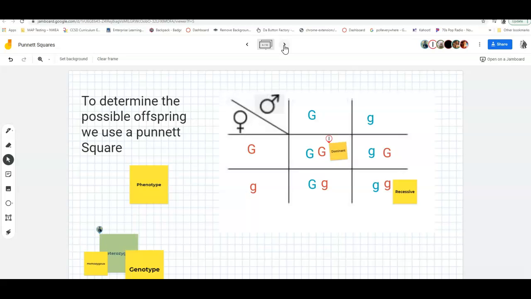Now you have pairs of letters down for the babies. Are they heterozygous or are they homozygous? Hetero. Is that the same or is that different? That is different. So you got to find two letters side by side where one's capital and one's lowercase.